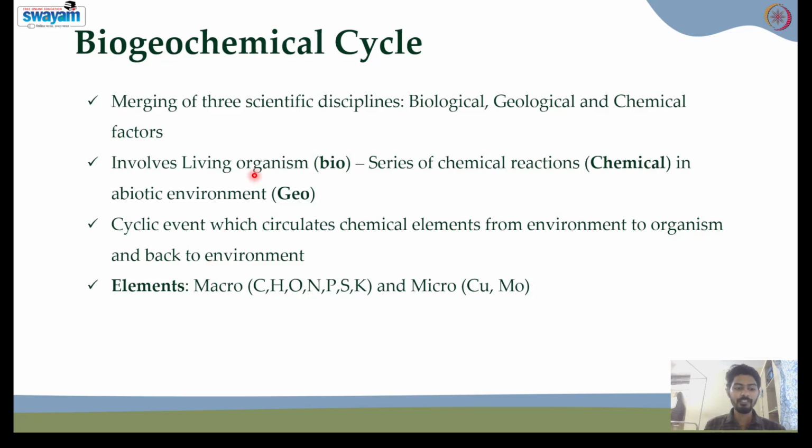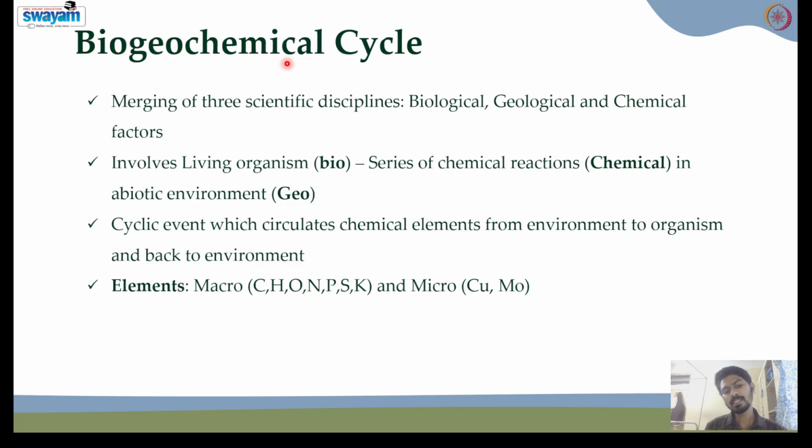where from the term itself we could understand that it merges three scientific disciplines. First is bio, which relates to the biological process, then geological process, and chemical factors. So these three factors are involved together and they help the ecosystem to survive.